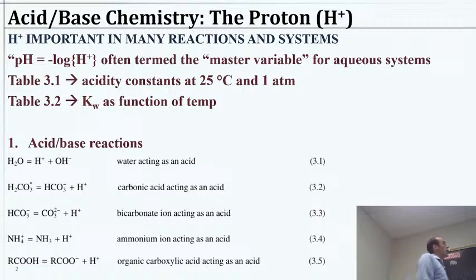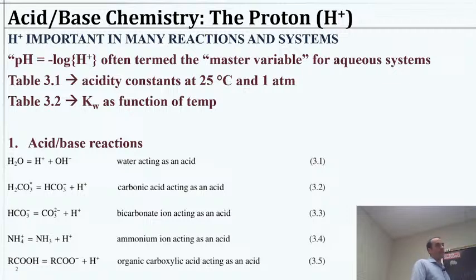So a few examples here, a couple tables we can look at. Table 3.1 in the book is a large vertically oriented one, so I didn't bother copying that over yet, but it's a good one to look at different acidity constants. I took a different table from another book, so we can look at a few there. Could be a good reference table.